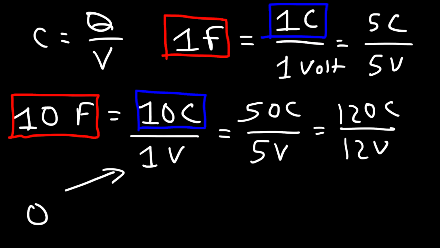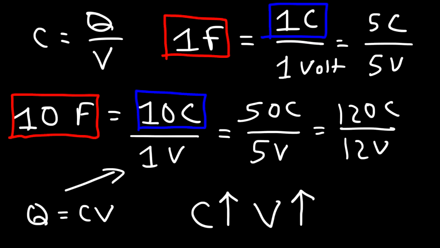And so, if you wish to store more charge on a capacitor, there's 2 ways you can do this. You can do this by increasing the capacitance, which is based on the physical characteristics of the capacitor, or by increasing the voltage applied to the capacitor. So increasing any one of these variables will lead to an increase in the amount of charge placed on the capacitor.